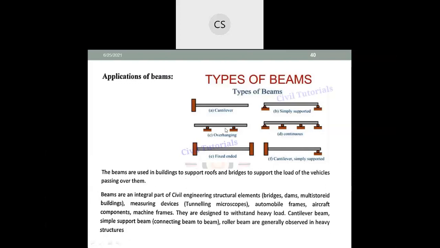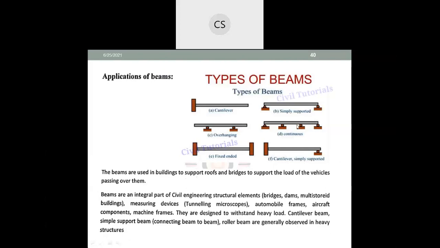Cantilever you can see in the building, simply supported you can see in the bridge. This is the case of a bridge. This you can see in the buildings. This also you can see in the buildings.